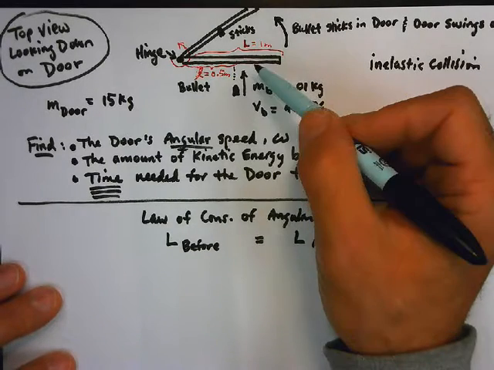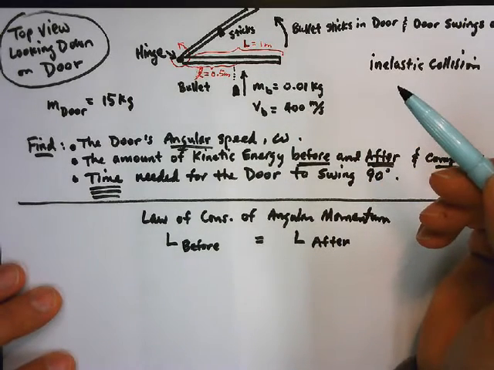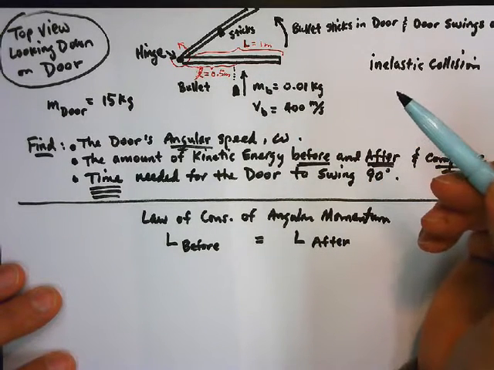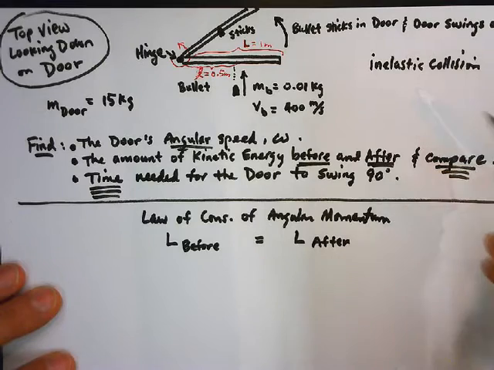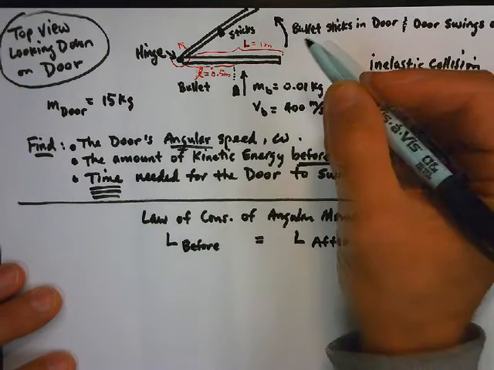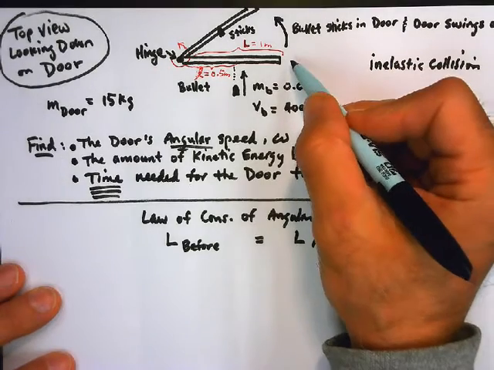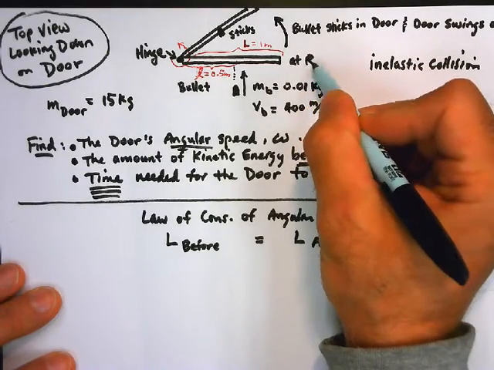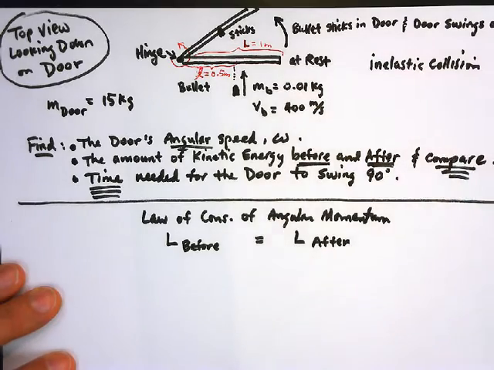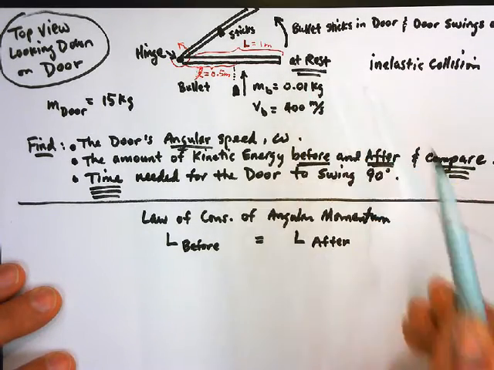Okay, does the door have angular momentum before the bullet hits it? And the answer is no, because the door, I forgot to mention, is at rest. The door is at rest before the bullet hits. Let me write that in right here.